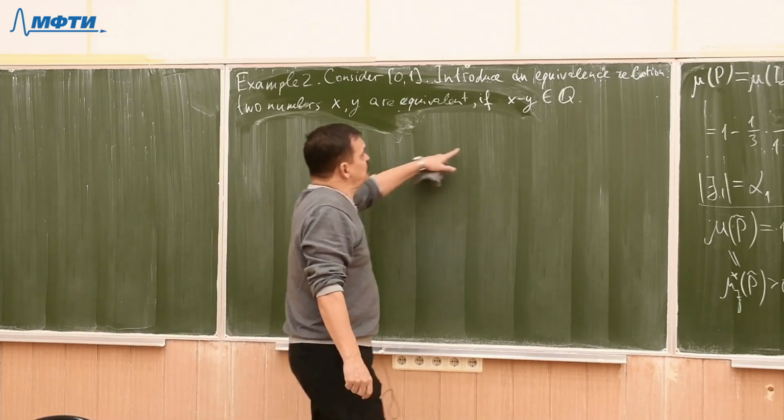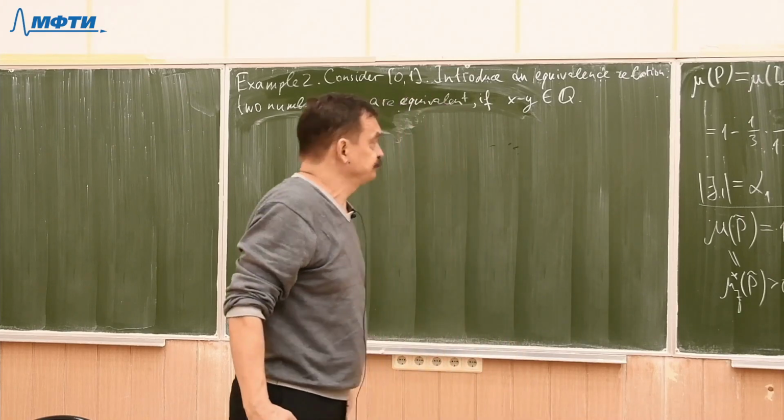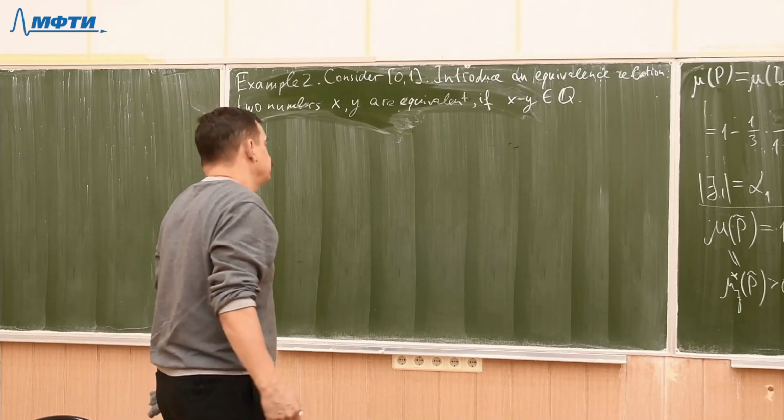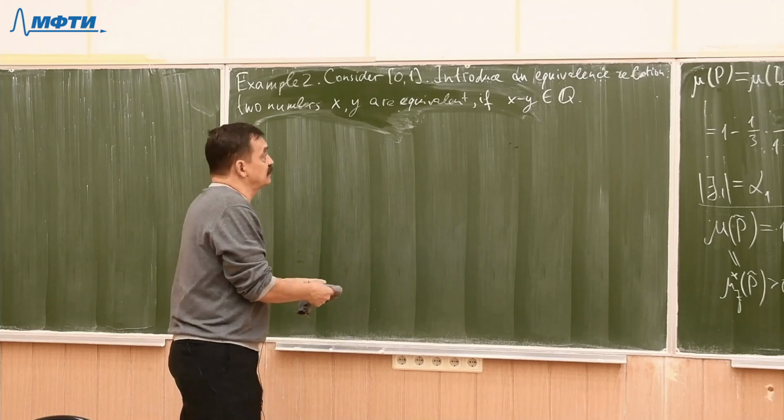It's easy to check that this is indeed an equivalence relation between numbers. Hence, we have classes of equivalence.